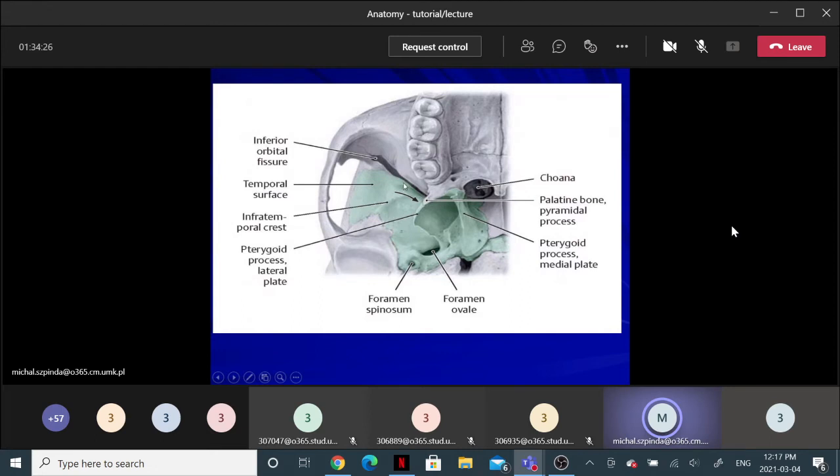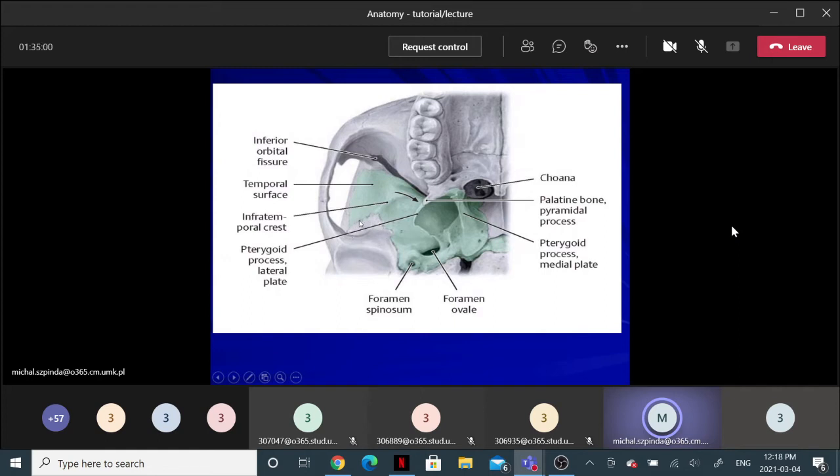This is the infratemporal surface of the greater wing, 80%, with its foramen ovale, foramen spinosum, foramen venosum, and sometimes foramen petrosum. Some 20% is composed of this area, which belongs to the temporal squama.